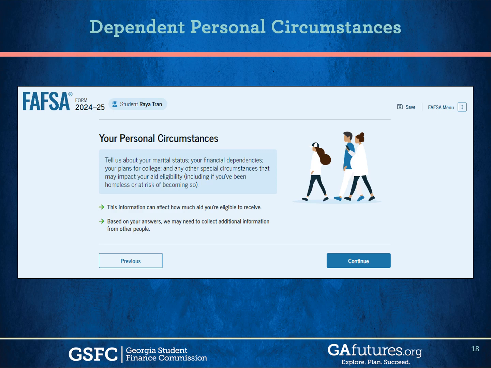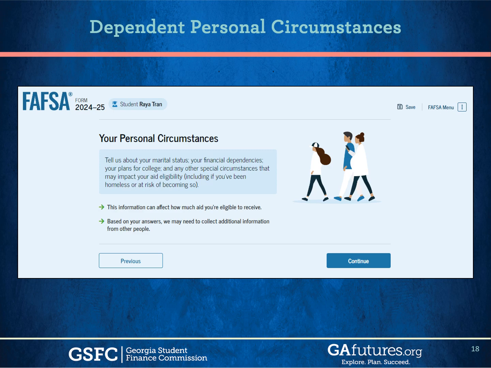This is the first page within the student personal circumstances section. It provides an overview of the section. While the FAFSA does not directly ask for your age, individuals who are 24 years old or older as of January 2024 are considered independent.